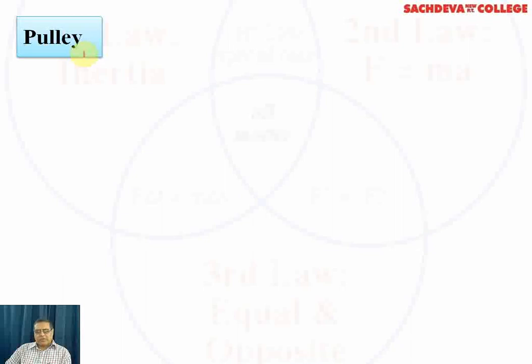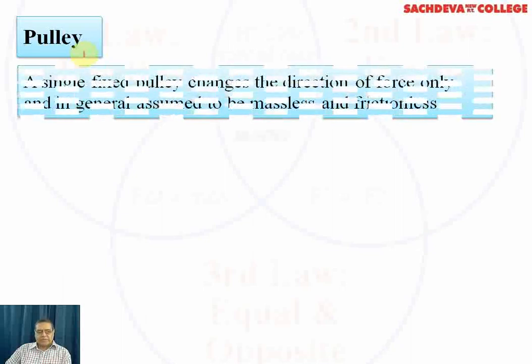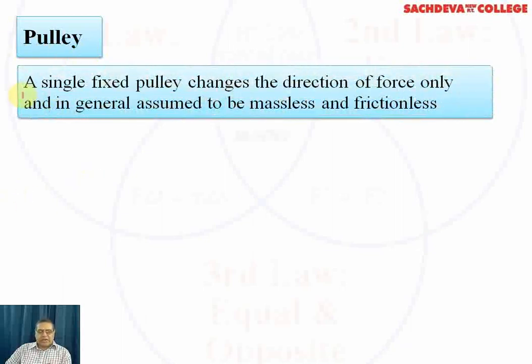So 2T means 2 multiplied by whatever value of tension you have estimated, that is 2 M1 M2 divided by M1 plus M2 into G. So in all, the result will become 4 M1 M2 divided by M1 plus M2 multiplied by G. Now these facts are to be noted. A single fixed pulley changes the direction of force only and is in general assumed to be massless and frictionless.